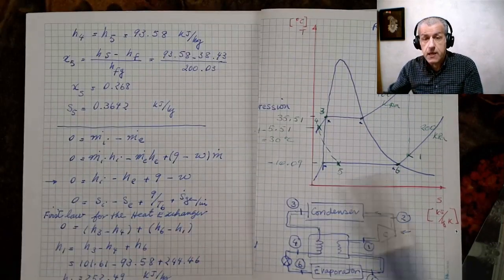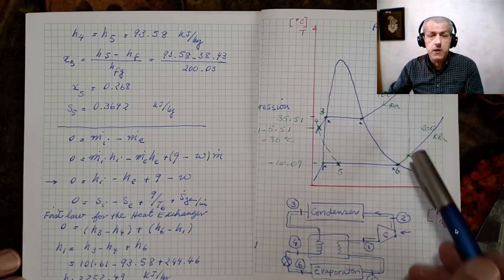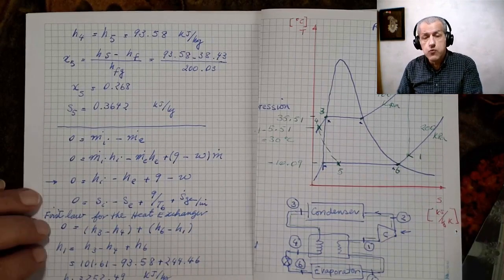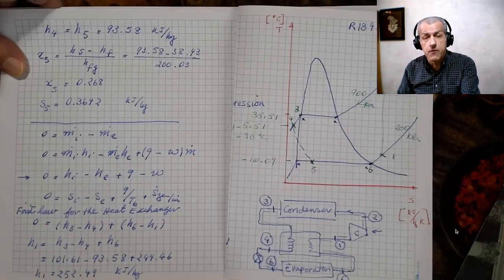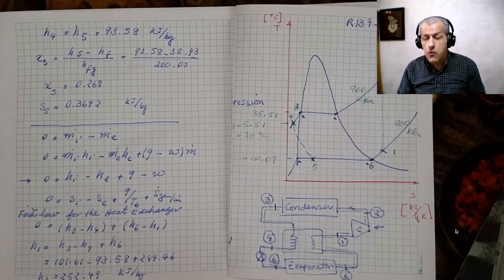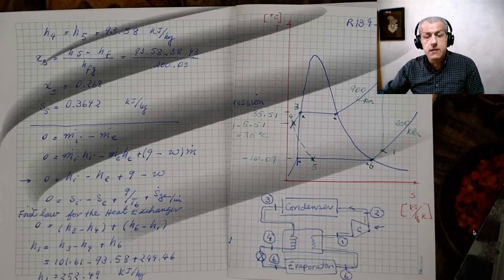We expect H1 to be superheat, so we have to move to the superheat table for R134A and see what we can learn from that table.